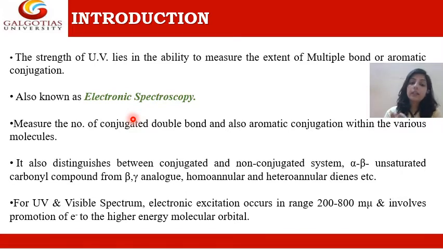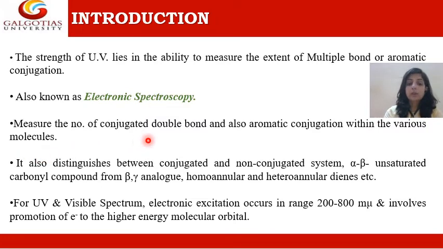UV radiation, being highly energetic, causes changes at the electronic energy level. So it involves electrons and produces changes at the electronic level. This is known as electronic spectroscopy. It involves the promotion of electrons from the ground state to the excited state.